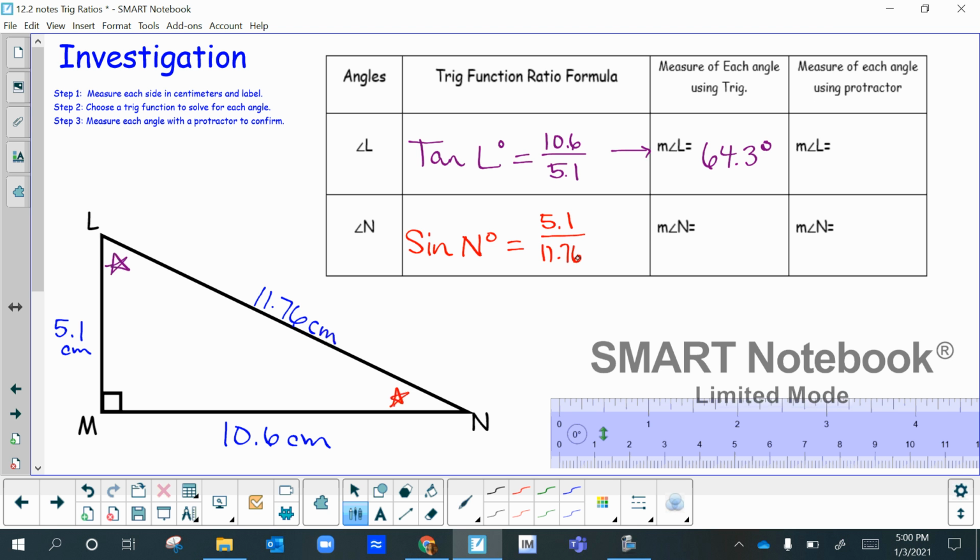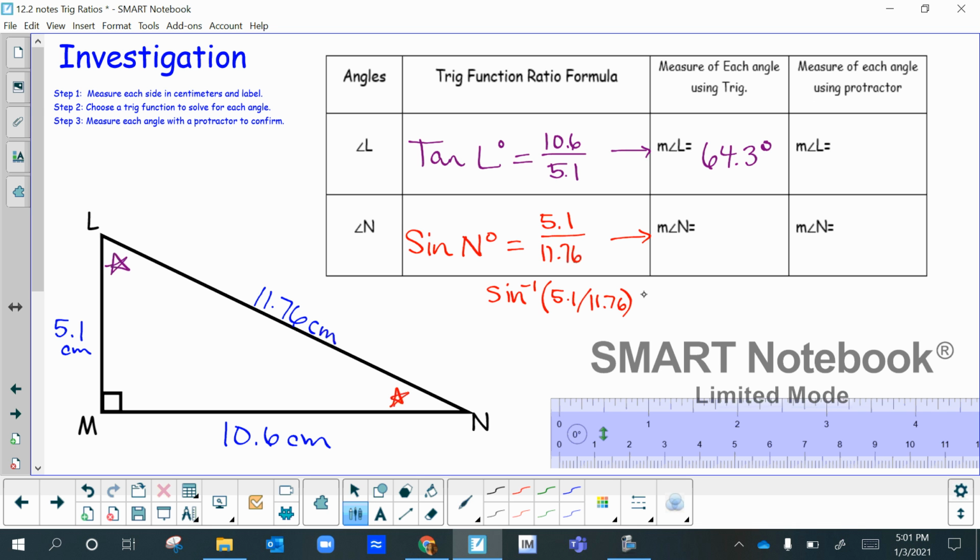So I'm going to put this in my calculator. Remember, I'm going to use that inverse function to see what I get for angle N. So I'm going to do 5.1 divided by 11.76, hit equals.